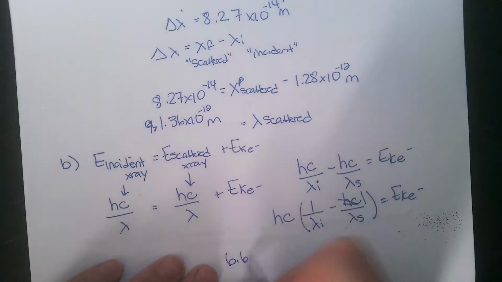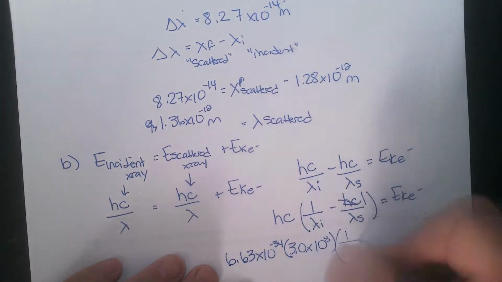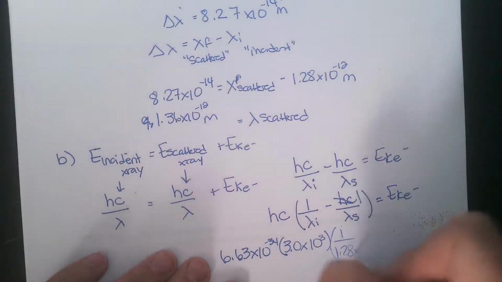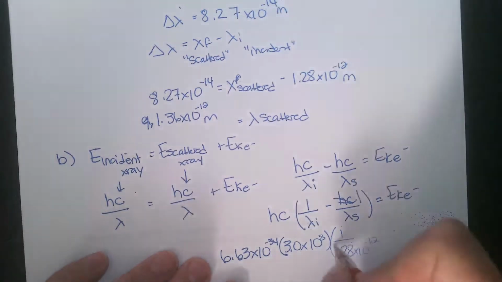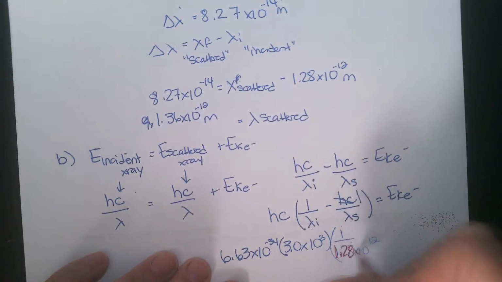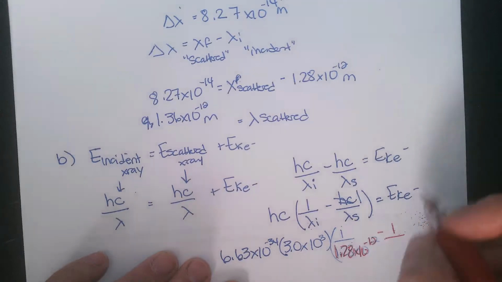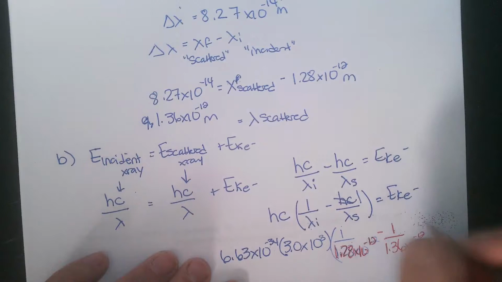So I'm going to go 6.63 times 10 to the negative 34 multiplied by the speed of light, multiplied by 1 over 1.28 times 10 to the negative 12, minus 1 over 1.36 times 10 to the negative 12.